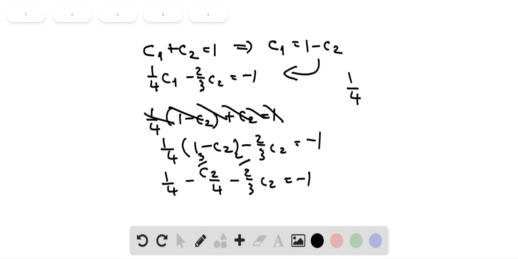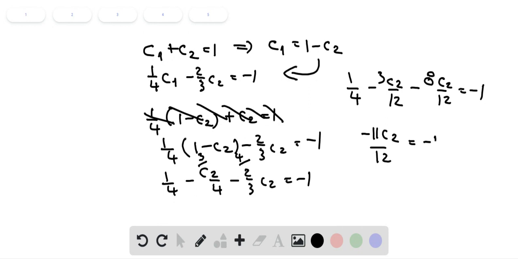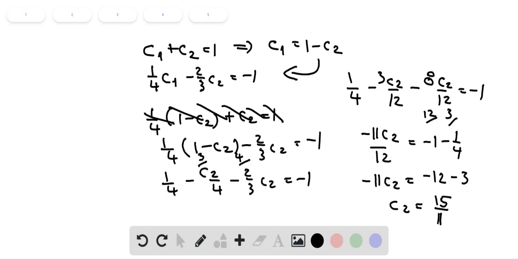Multiplying 3 and 4, we get 3 minus 3 c2 over 12 minus 8 c2 over 12 equals negative 1. Negative 11 c2 over 12 equals negative 1 minus 1/4, which gives c2 equals 15 over 11.